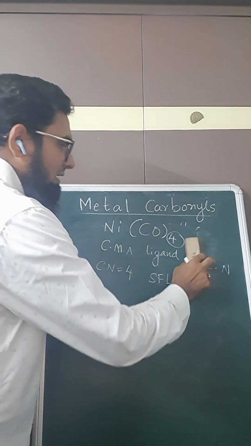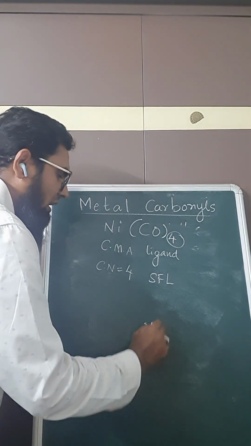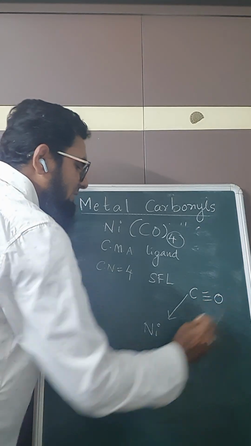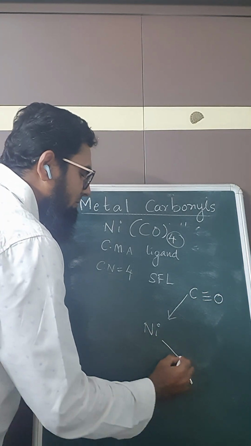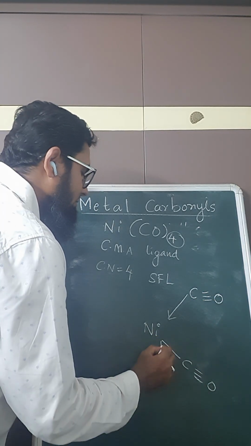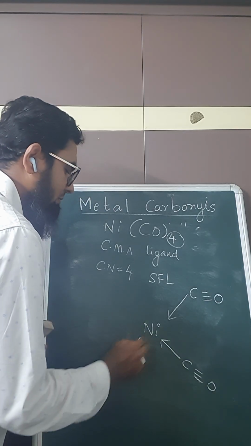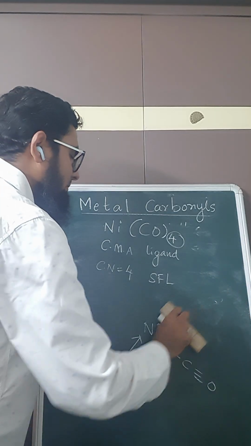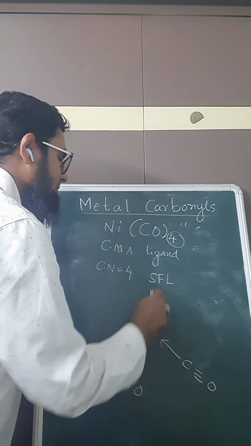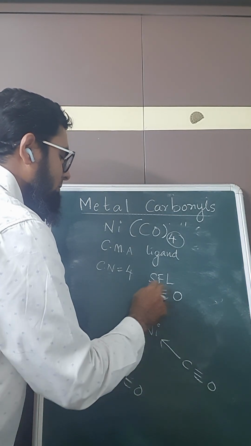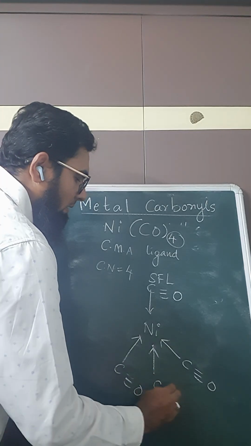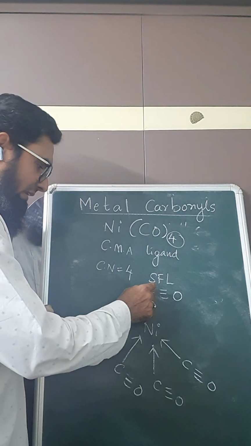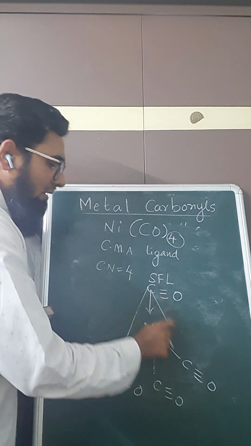So if you look at the structure of nickel tetracarbonyl, nickel is surrounded by 4 CO molecules, like this. Now if you look at the arrangement of this molecule, it is tetrahedral.